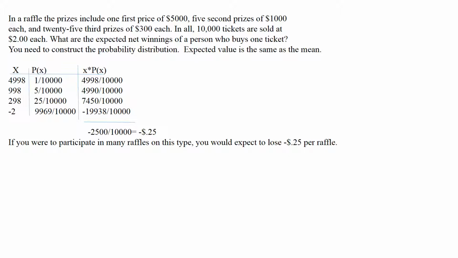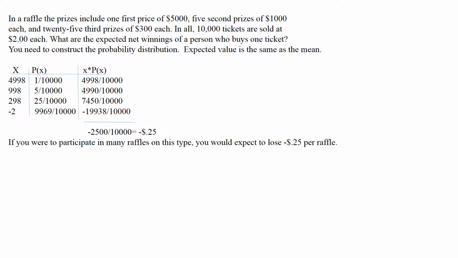The corresponding probabilities are 1 out of 10,000, 5 out of 10,000, 25 out of 10,000, and 9,969 out of 10,000. There are 9,969 losing tickets since there are 31 winning tickets.